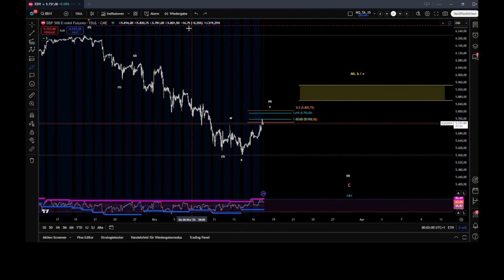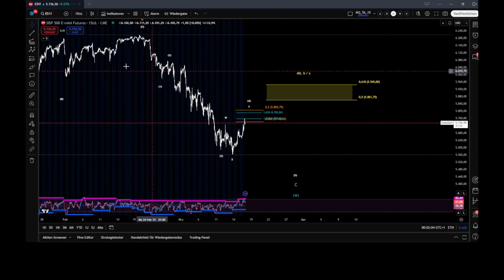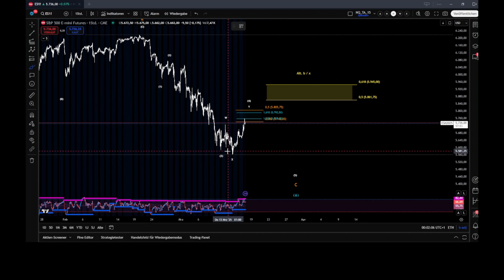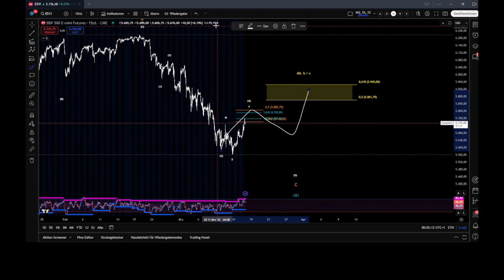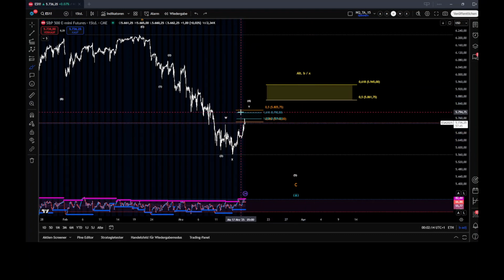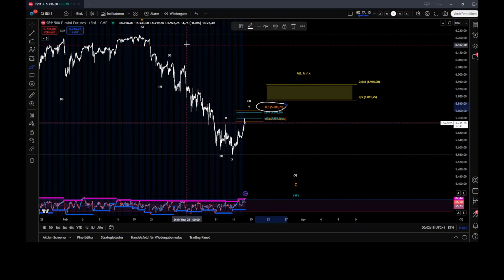The yellow scenario, which is the alternate scenario right now, would indicate that we have a slightly wider ABC structure, with an A wave, B wave, and a C wave. So the white scenario, in my view, is limited right now till the 50% here at 5,805.